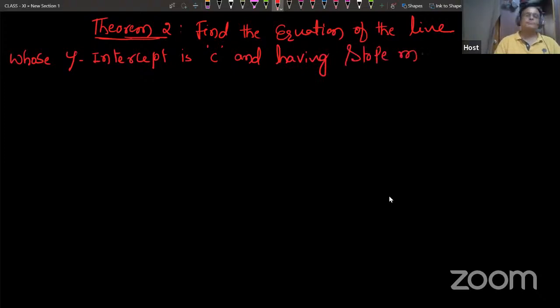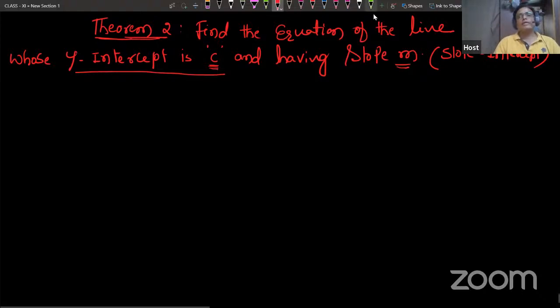So this we have already decided is known as the slope-intercept form. Find the equation of the line whose y-intercept I have given as c, and slope also I have given as m. That's why the name is slope-intercept form.